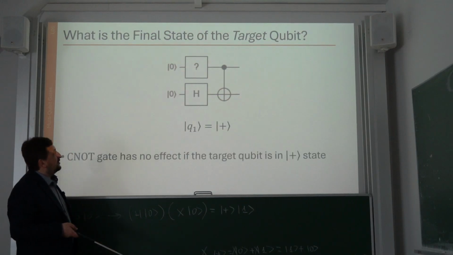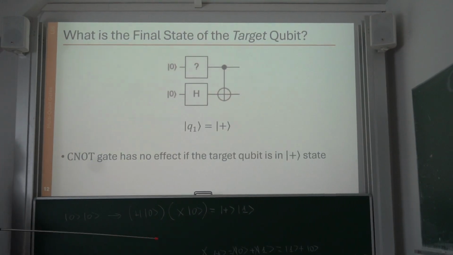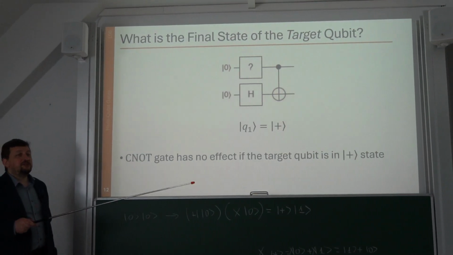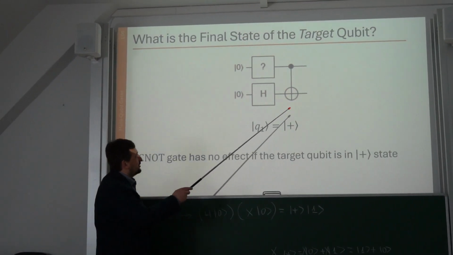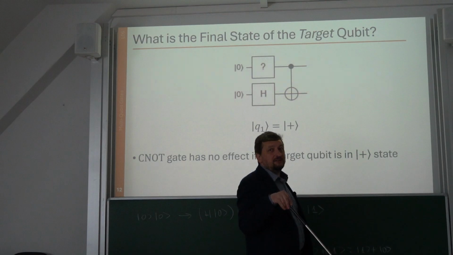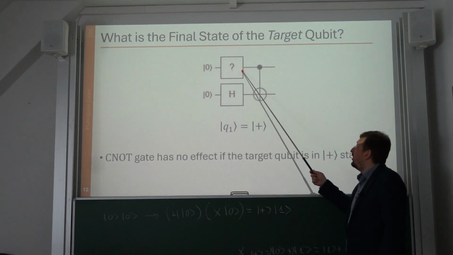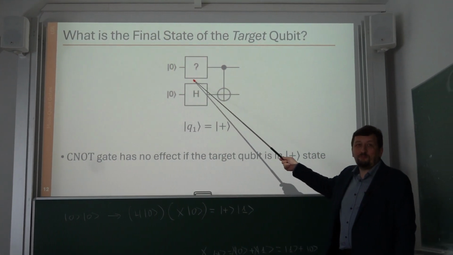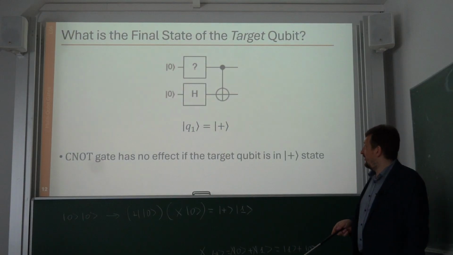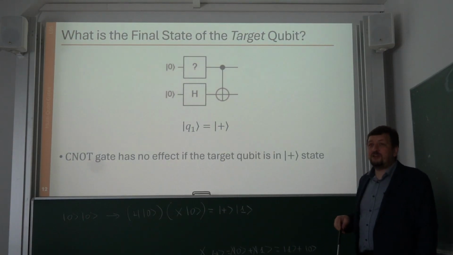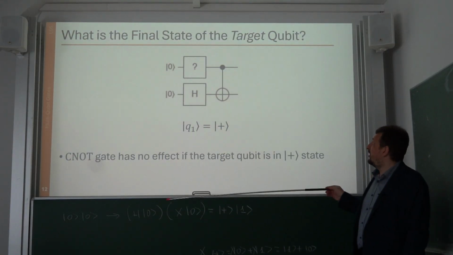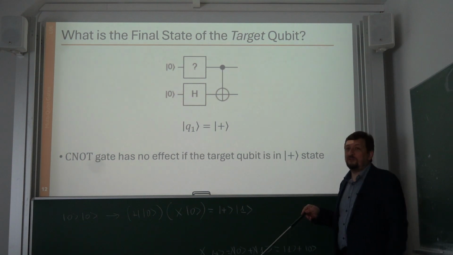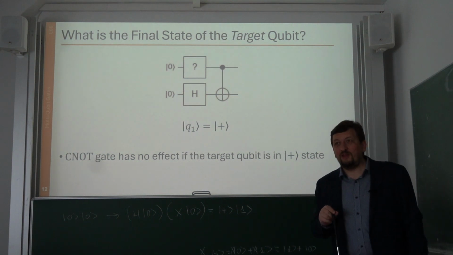So this is such an interesting circuit, in which the state of this target qubit is always plus, no matter what we put here, no matter what state we prepare at this point. Okay, so the CNOT gate has absolutely no effect if the target qubit is in the plus state.